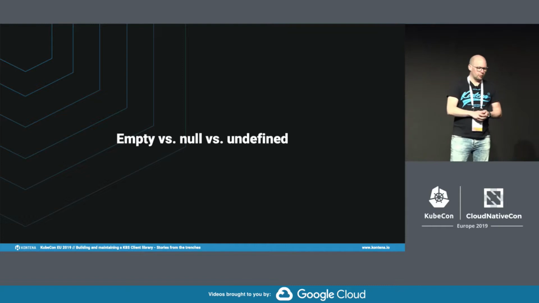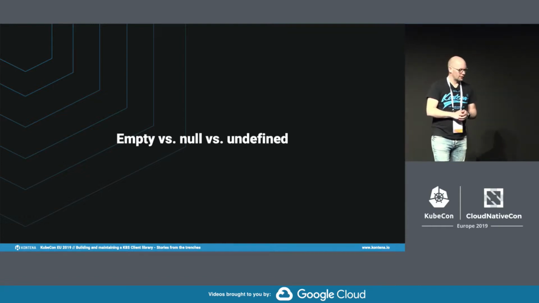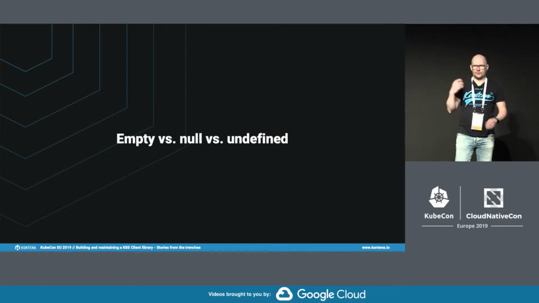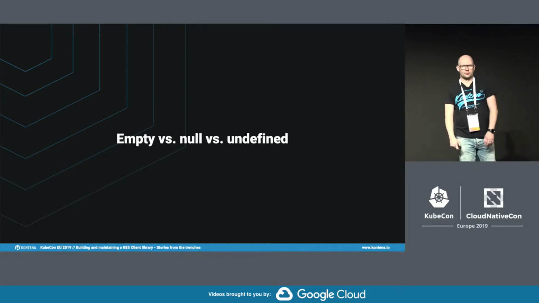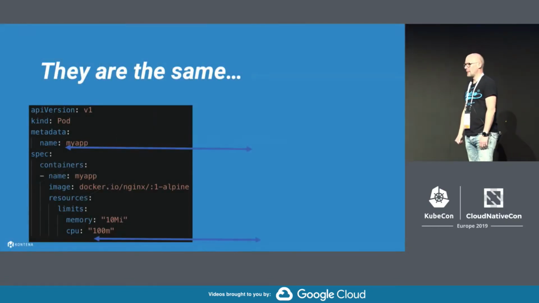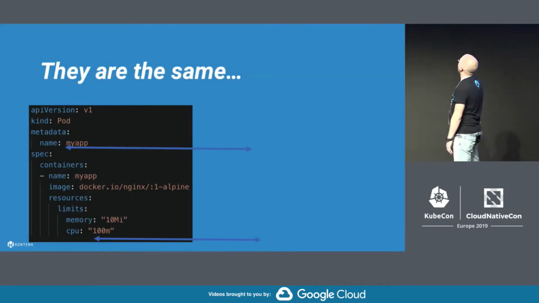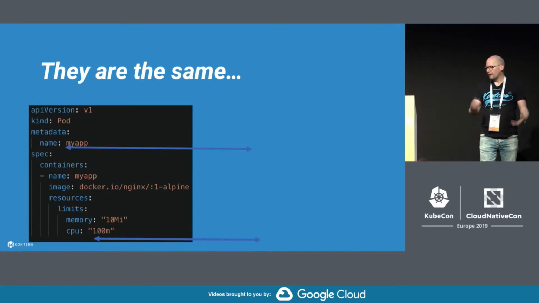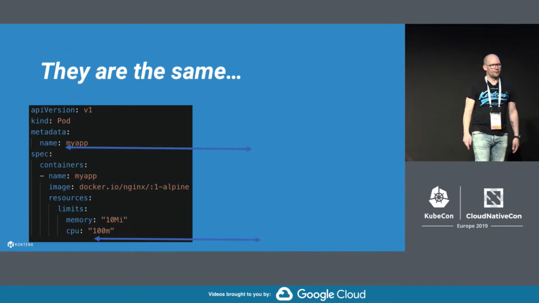One thing we sort of struggled a bit with is also this empty versus null versus undefined thing, which, if anybody's using JavaScript, you probably bump into similar things. So I have a resource, a pod, where I don't have labels, I don't have ports or anything defined.